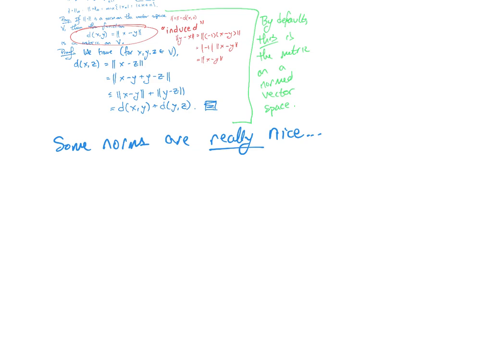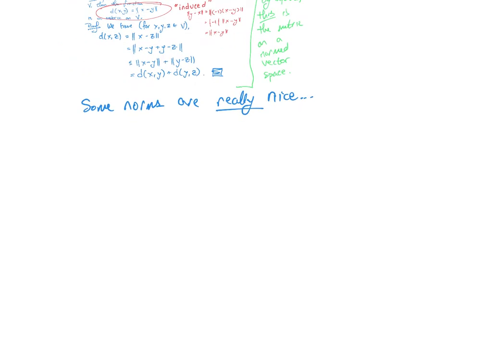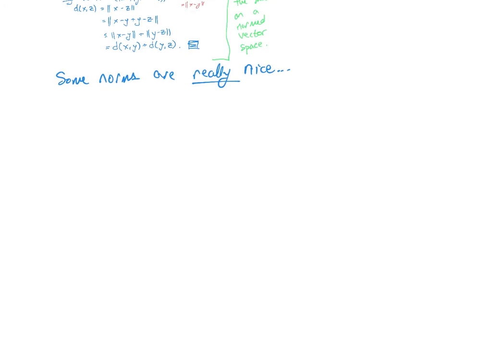Now some norms are nicer than other norms. The really nice norms are the ones that come from dot product. So we're going to define dot product. In the more abstract setting of vector spaces, we use a fancier name. We call it inner product. But it really is just your dot product.